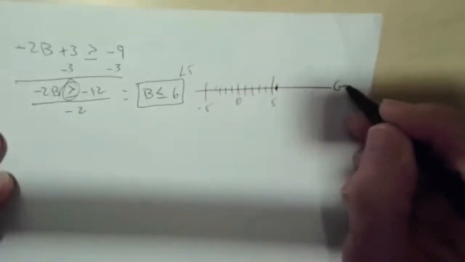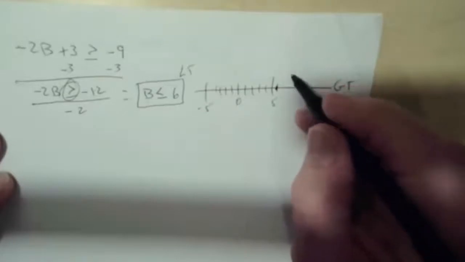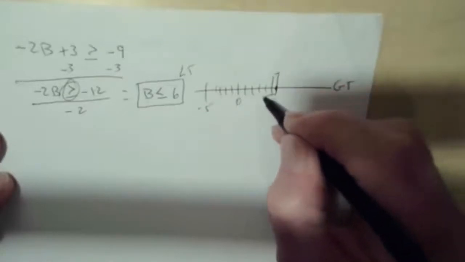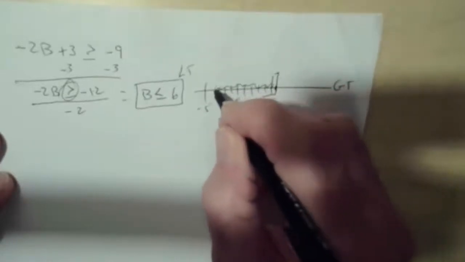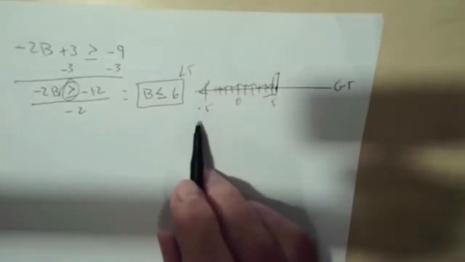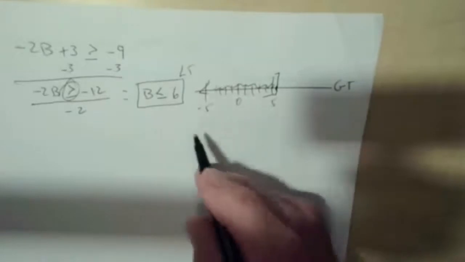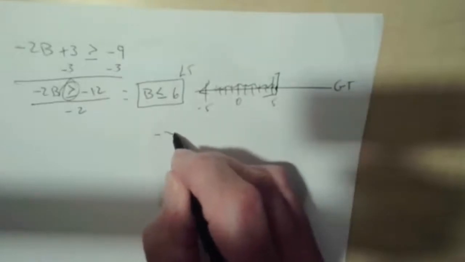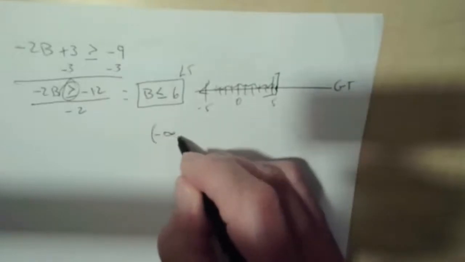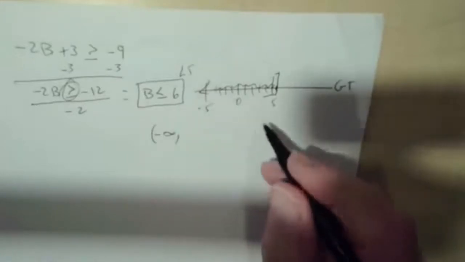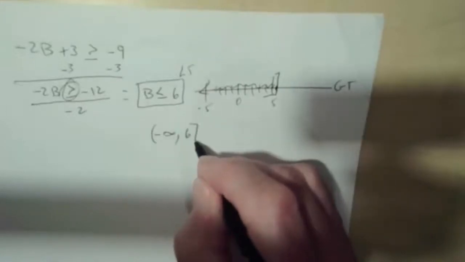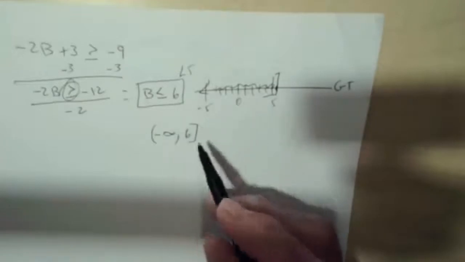So for less than or equal, we use a bracket, and it goes that way. Now, when we do our interval notation, what's on the low side? Negative infinity with a parenthesis. What's on the high side? 6 with a bracket because it includes the number 6. Right? Right.